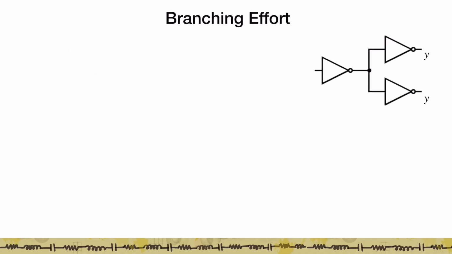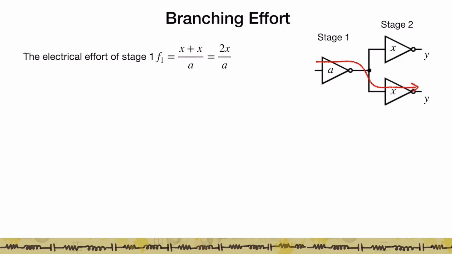Let's consider a path that we want to optimize here. And the path here basically consists of 2 stages. A stage of an inverter which then feeds into 2 other inverters of similar size. Right? Now in this case, because the path is only made up of inverters, we can say that the electrical effort and the effort delay are the same because the logical effort of inverters is 1.